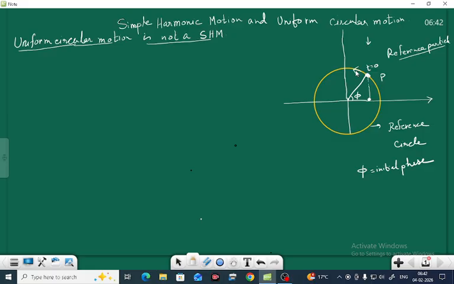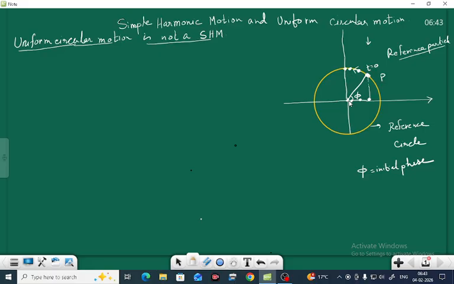In the same way, when the particle is at this point, the shadow will fall here. The same way, if the particle is at this point, the shadow will fall here.